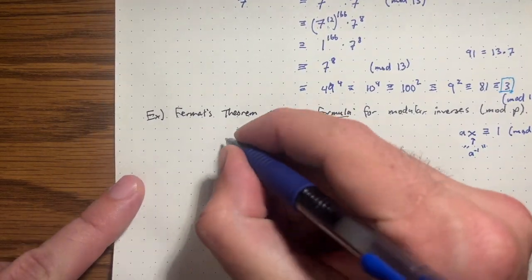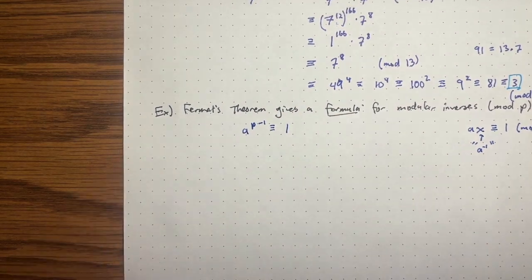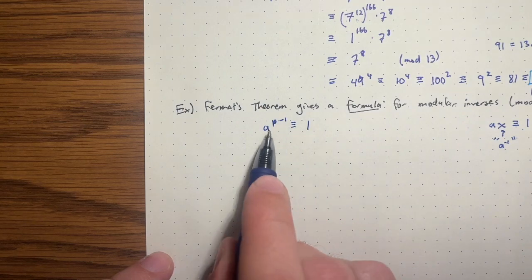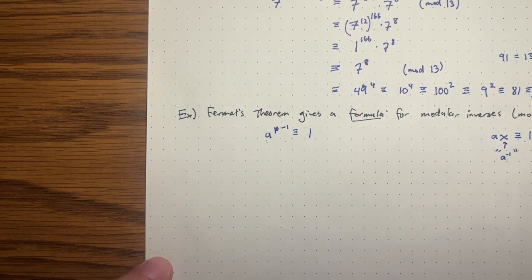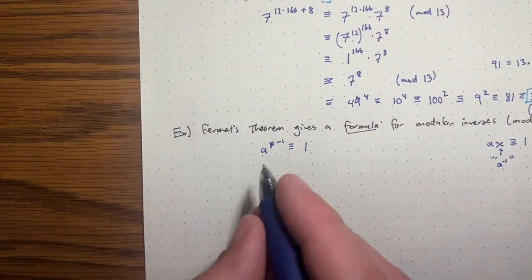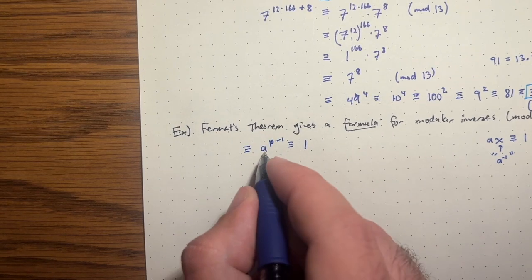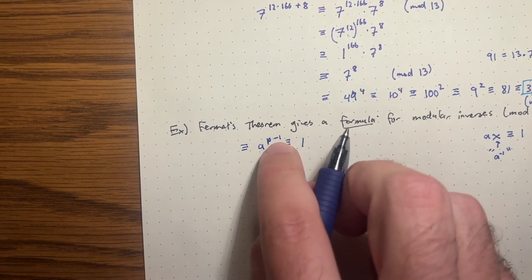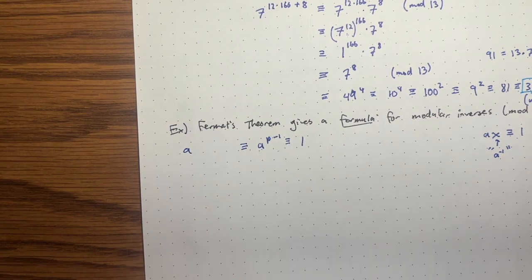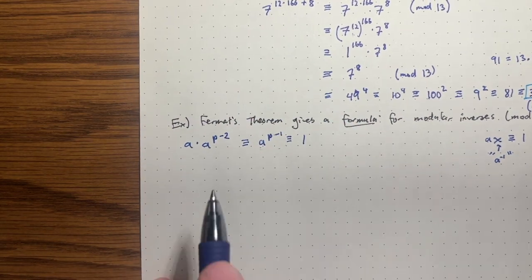Let's write it down for Fermat's theorem. So it's A to the P minus 1 is congruent to 1. And can you see that you can actually use this to figure out what A inverse is? It's as simple as splitting off one of the A's from this large power, and you get A times A to the P minus 2.